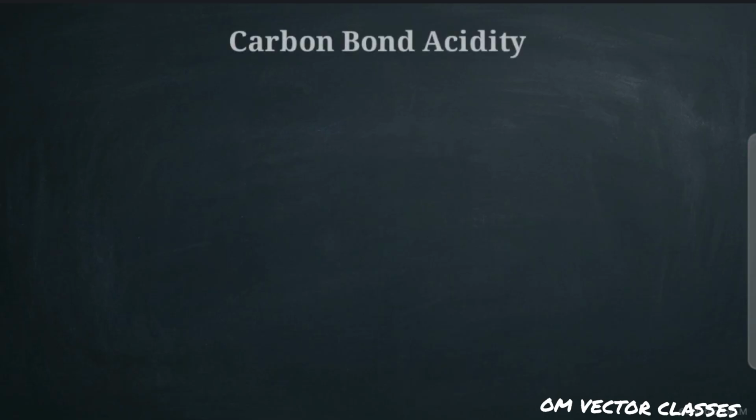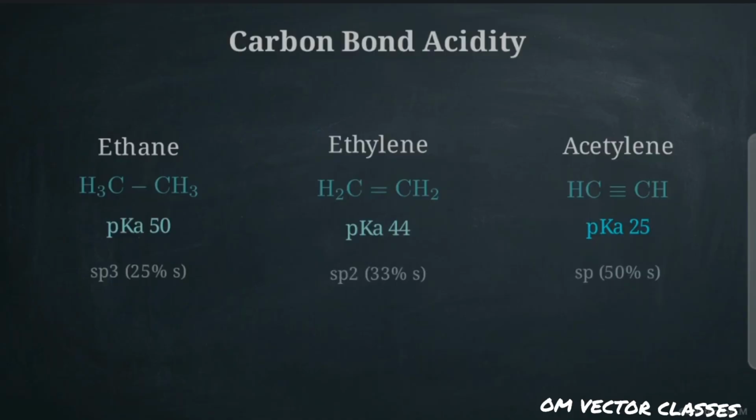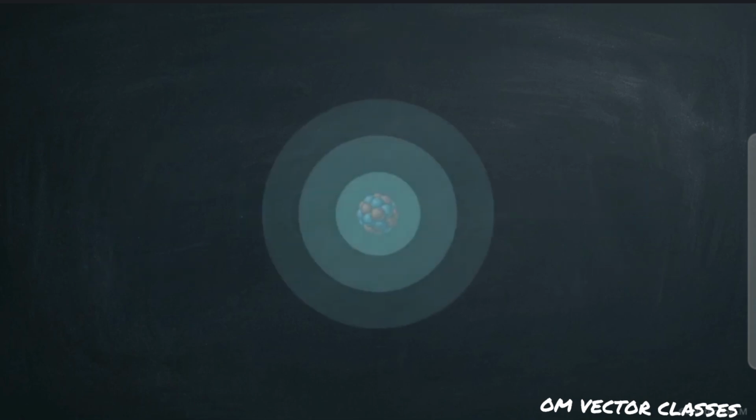This data table tracks carbon bond acidity. Ethane's pKa is 50, ethylene drops to 44, acetylene leaps to 25. The distinction is the S-character ratio. An sp orbital has 50% S-character, while an sp3 contains only 25%. Spherical s orbitals hold the alkyne's lone pair physically close to the positively charged nucleus for stabilization.